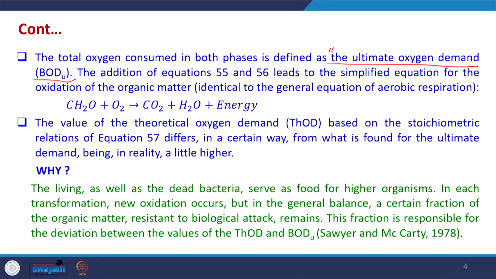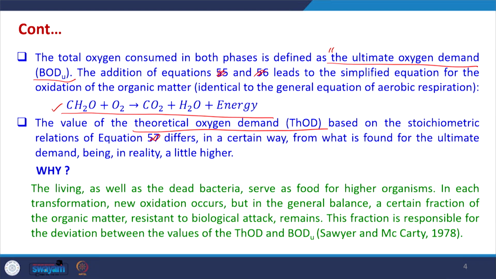The addition of the previous two equations leads to a simplified equation of this form. We can combine the previous equations 1 and 2 to write the simplified equation for the organic matter, and we have already studied the theoretical oxygen demand. If we calculate the theoretical oxygen demand for this reaction based upon its stoichiometry, we will find that it differs from the BODU value.